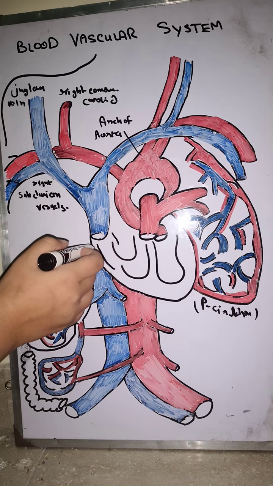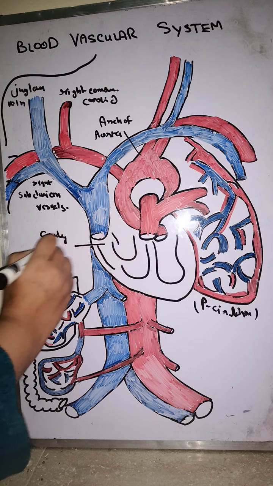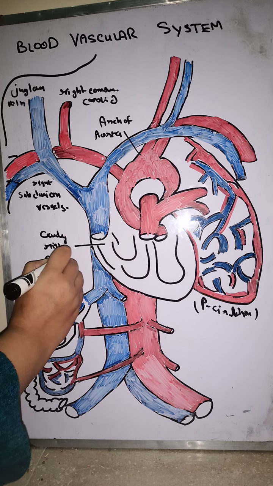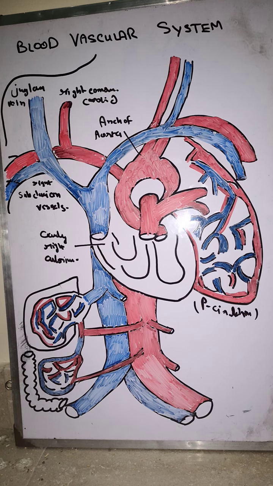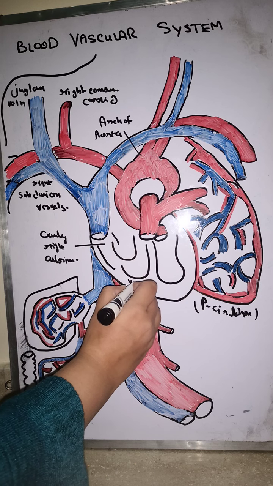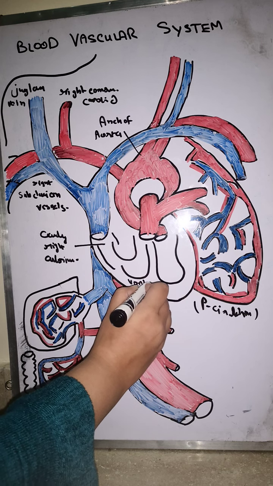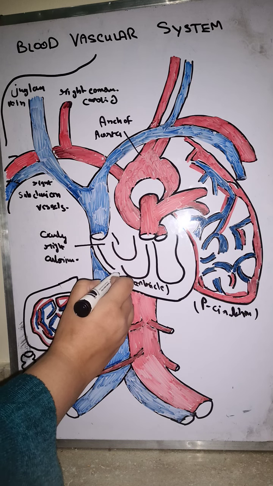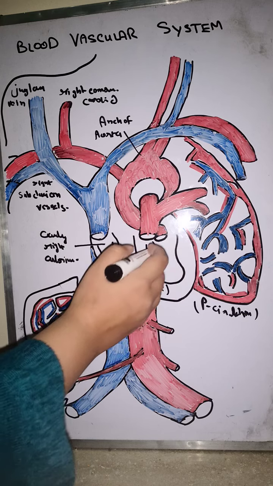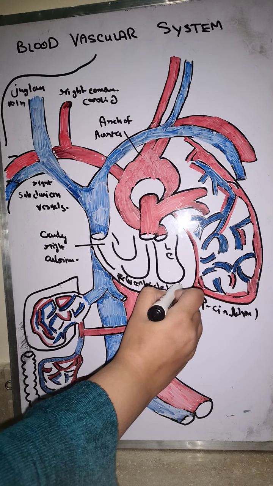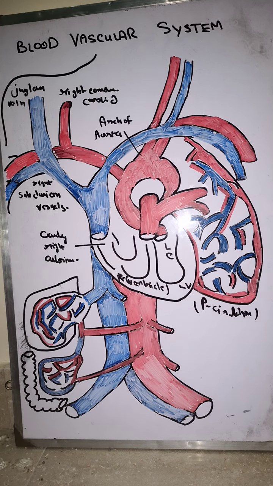This is the cavity of the right atrium, and this is the ventricle. Above is the atrium, and downward is the ventricle. This is the right ventricle. Same as above, this is the left atrium, and this is the LV, the left ventricle.